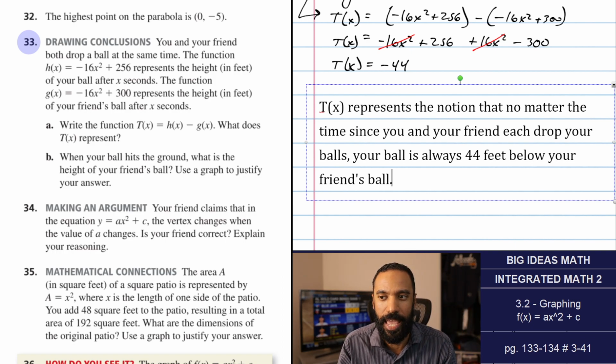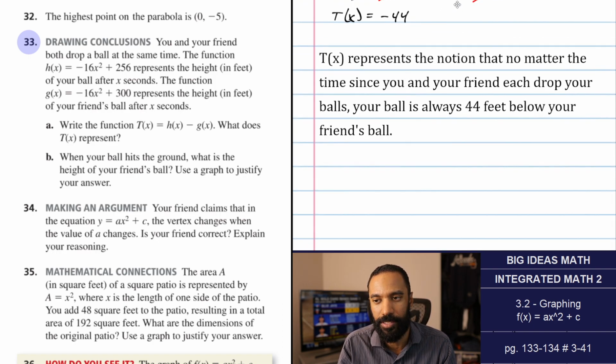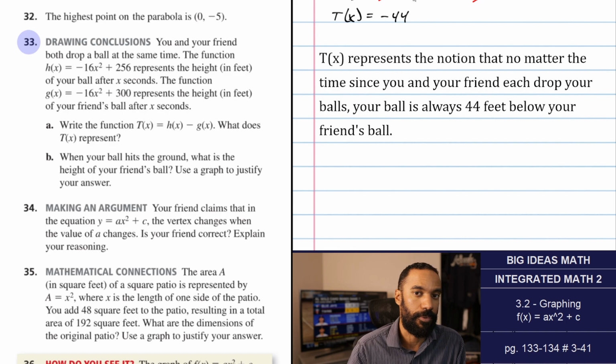But that's the constant. And it's negative because we took yours minus your friend's, and yours is lower. It starts off lower, so it's going to stay lower.